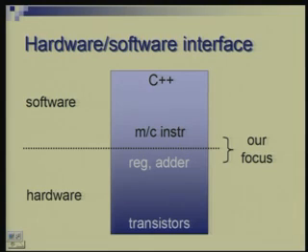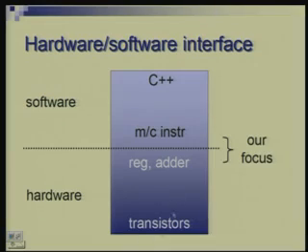Okay. So if you are a programmer, you will see the machine as defined by a set of instructions, whereas if you are a hardware designer, you will see software in terms of those machine instructions which you need to interpret. Okay. So there are levels of hierarchy here within hardware, levels of hierarchy within software.